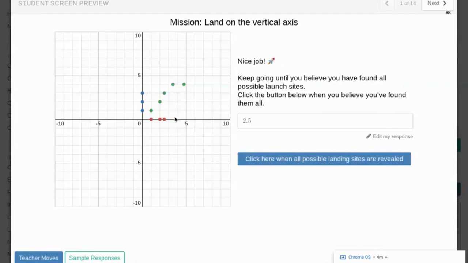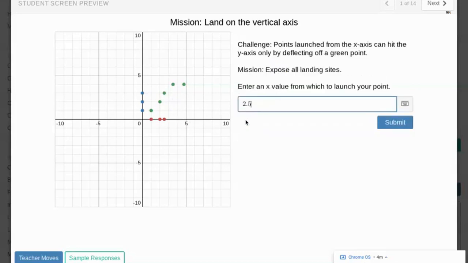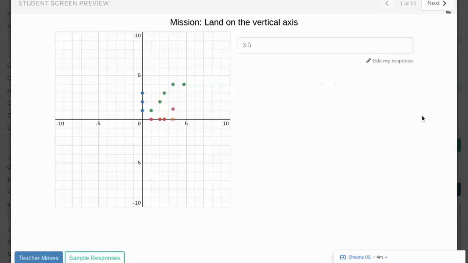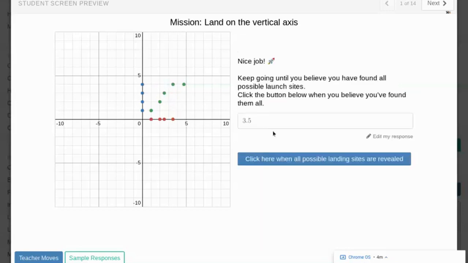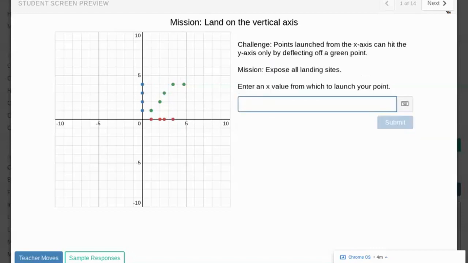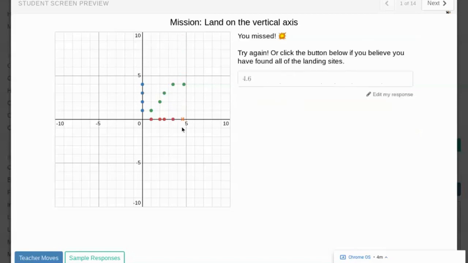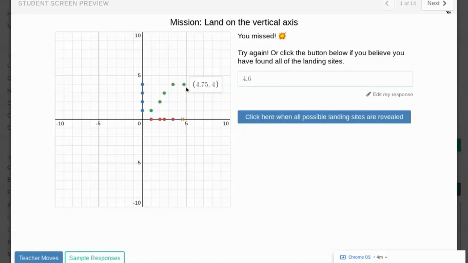Here I've got, it looks like about 3.5. Okay, this one here, it looks a little bit over 4.5, so I'm going to try 4.6 and let's see what happens. It didn't work, so I got an X here. However, one nice thing about Desmos is that you can click on the point and it tells you exactly what your X is.